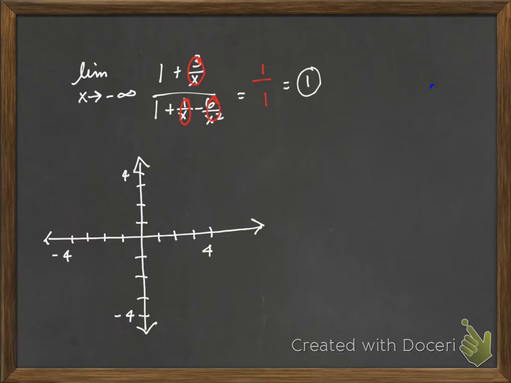Okay. All right. So when we did this, we found out there was a horizontal asymptote where y equals 1. So I'm going to go ahead and put that line in. There's my horizontal asymptote line.